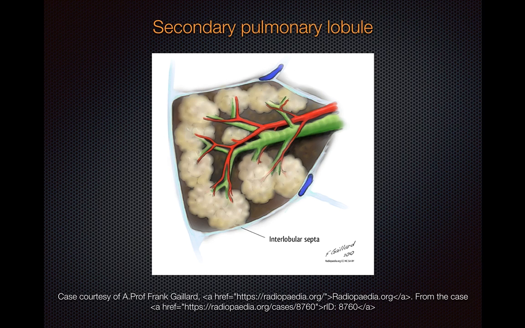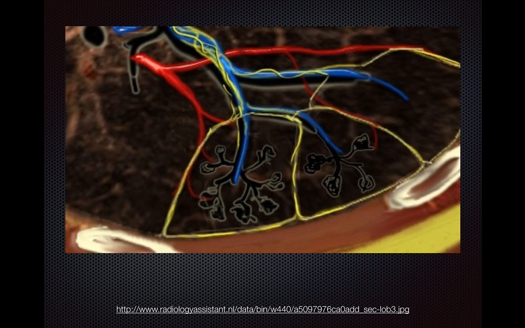It's very important that you are familiar with the anatomy of the lung, and specifically with respect to the secondary pulmonary lobule. And as you may recall, these are essentially units of the lung, and what you have here is the lobular artery and the lobular bronchiole supplying the lung, and separated by the interlobular septa, which actually contains the lymphatics.